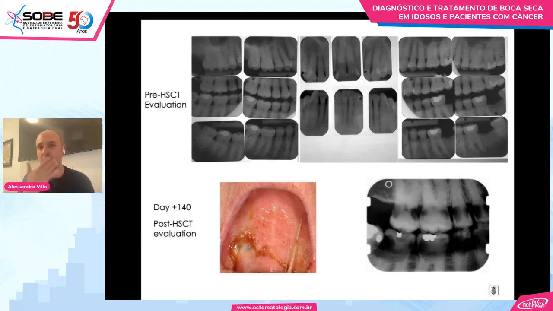That patient had very good dentition, then after the transplant developed really severe dryness, and this is unfortunately what happened. He also didn't have the best oral hygiene following the transplant because he developed some painful oral chronic mucosal GVHD, and unfortunately this is the bitewing that shows he developed multiple interproximal large cavities.